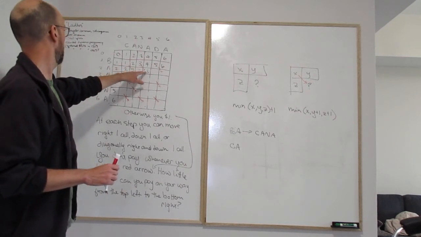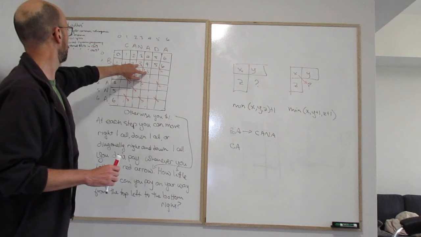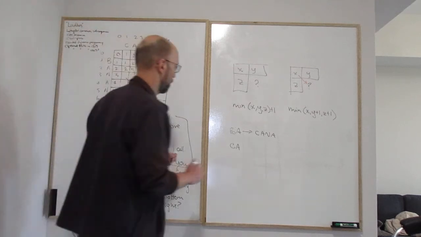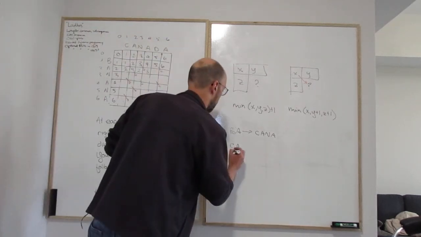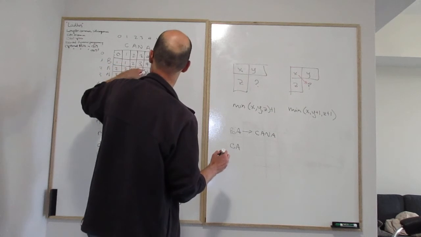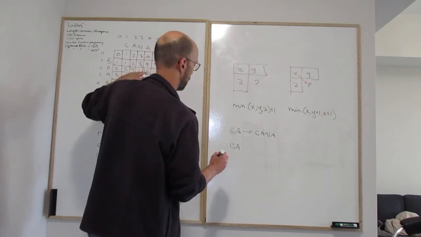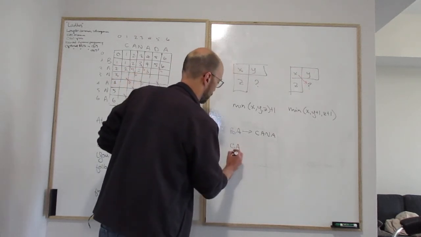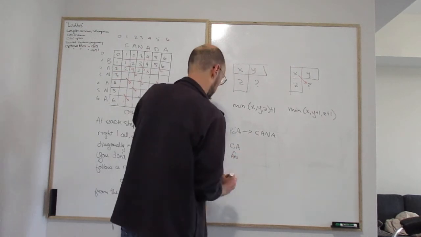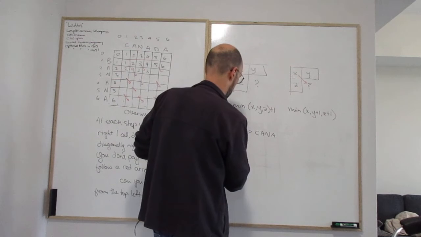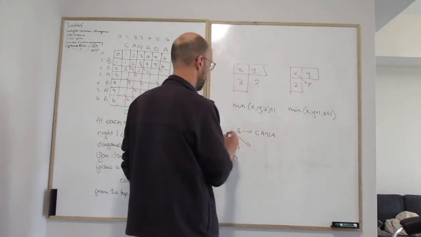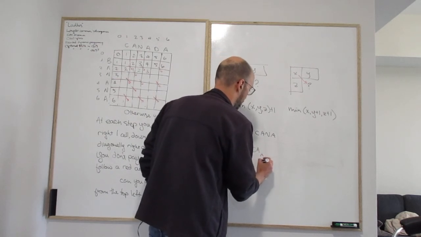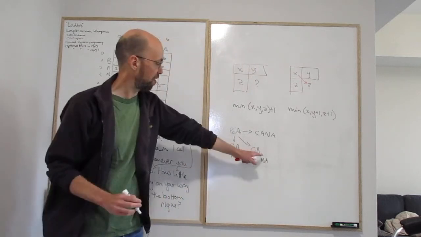So I have the option of either changing B into CAN, or I leave it like this and insert AN, or I can take BA and change it to CA and then add NA on the end, right?